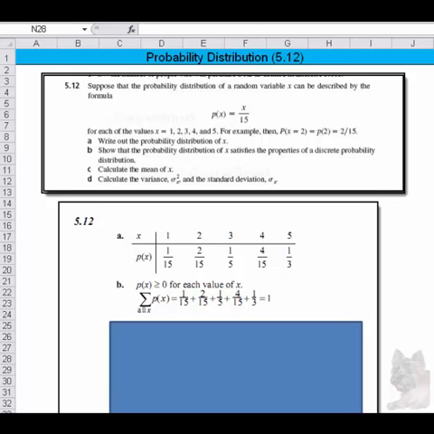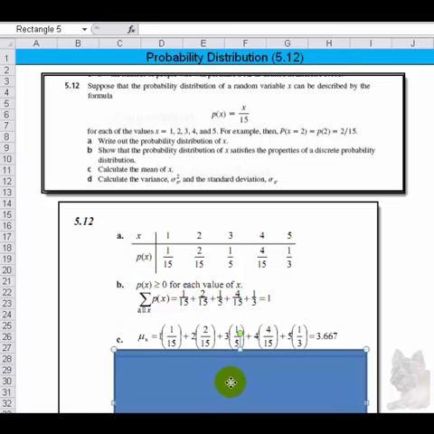Now part C says calculate the mean of x. How we would calculate the mean is we would use this formula to derive the mean.